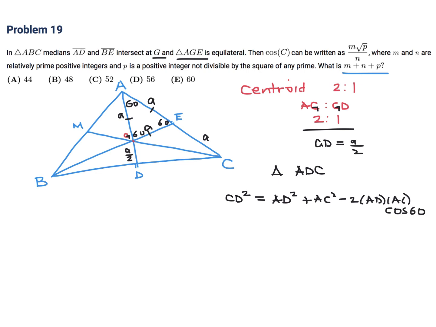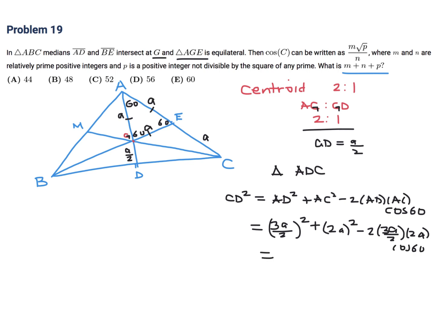Yeah, okay. So CD squared, AD squared is what? AD is 3 over 2, yeah, 3 over 2A. AC is just 2A. So that's good. And then we have minus 2 times 3A over 2 times 2A, and then cos 60.